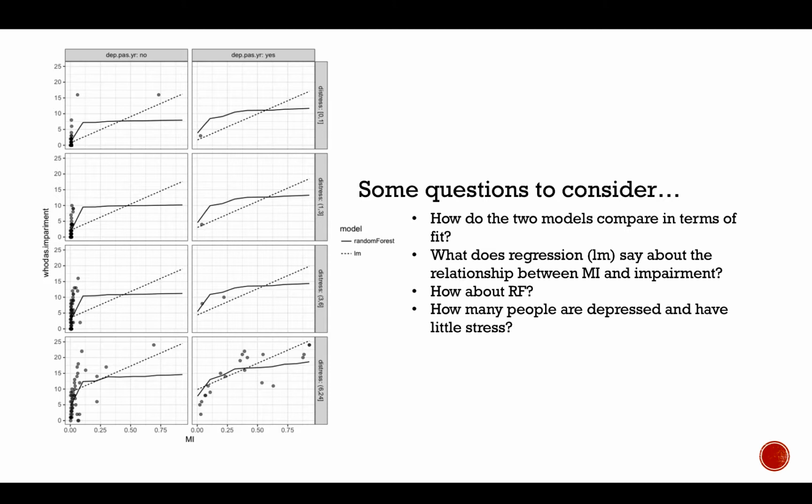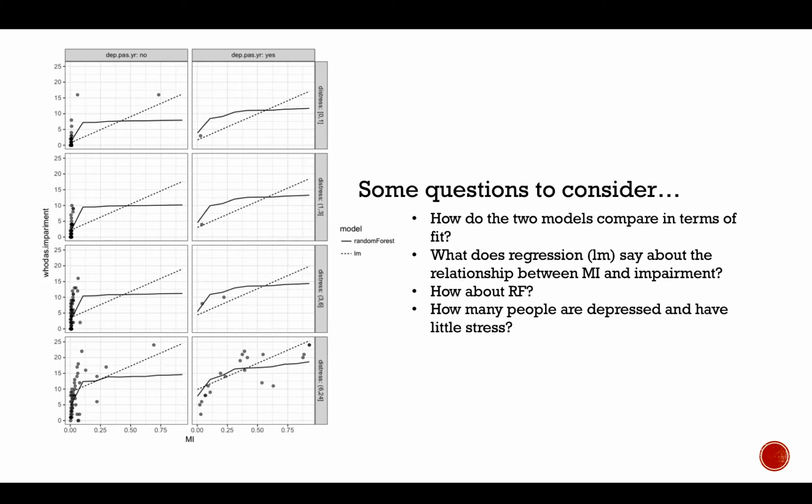So some questions you might want to ask yourself. The dashed line here is the regression version, and the solid line is the random forest version. How did the two models compare in terms of fit? Well, it sure looks like the random forest model is following the data a lot more than the regression model, because again, the regression model has to be a straight line.